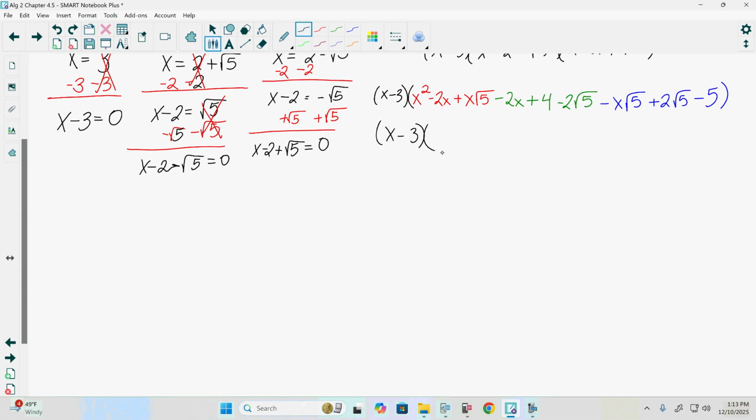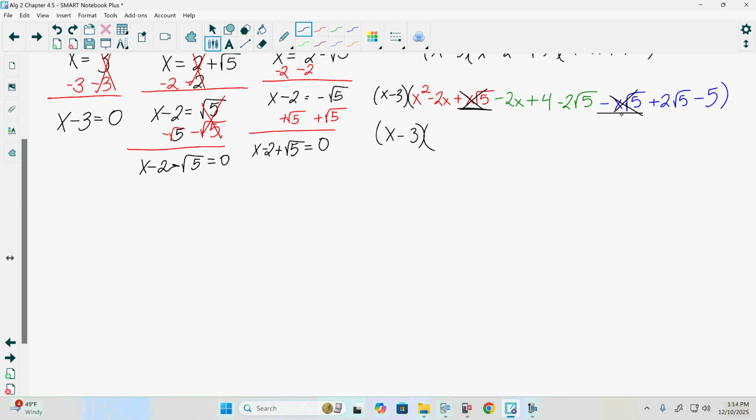Now, we still have a lot of terms here. I want to look at a few in particular first. One of them is x square roots of 5 and negative x square roots of 5. Those are like terms because they both have the same radical. Well, what is x square roots of 5 minus x square roots of 5? 0. They are like terms with opposite signs because I have one of them and I have a negative version of it.